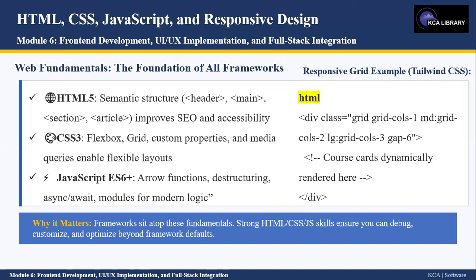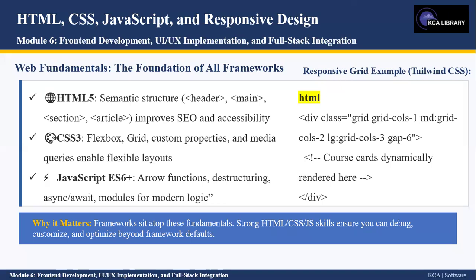CSS3 has flexbox, grid, custom properties, and media queries, enabling flexible responsive layouts. While JavaScript ES6+ has arrow functions, destructuring, and modules for modern code.